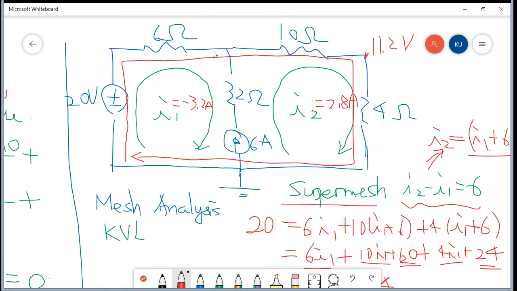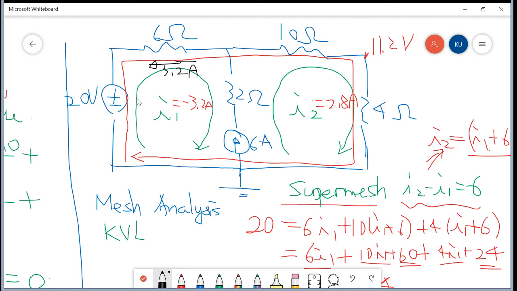So the voltage here should be higher than this one, because it's 3.2A going to the left side. So 6 times 3.2 is 19.2, plus 20.